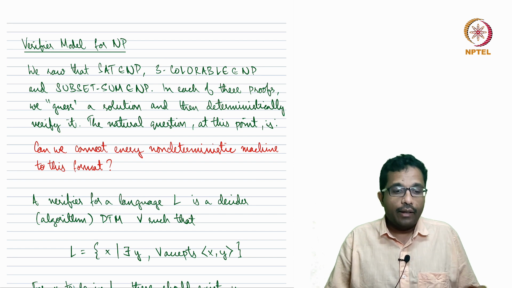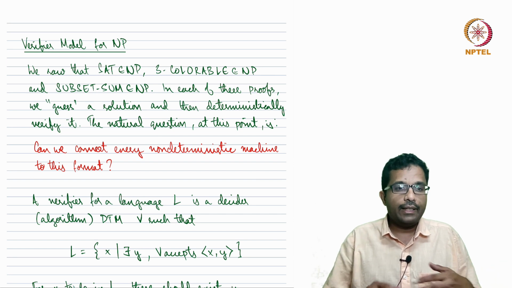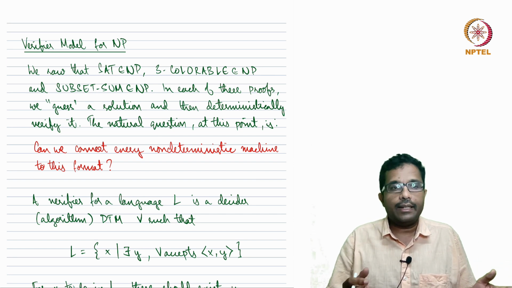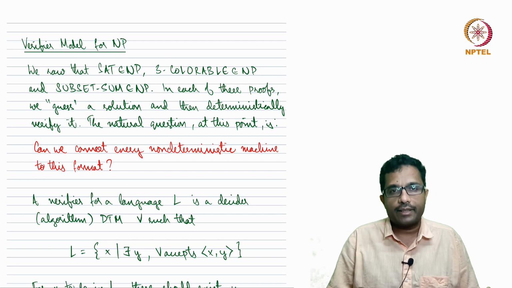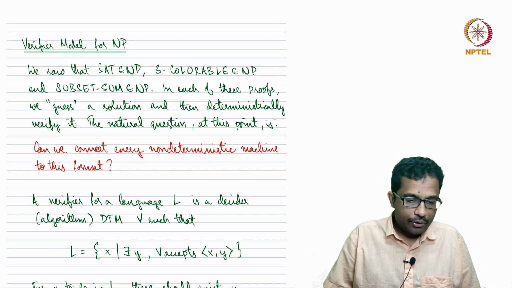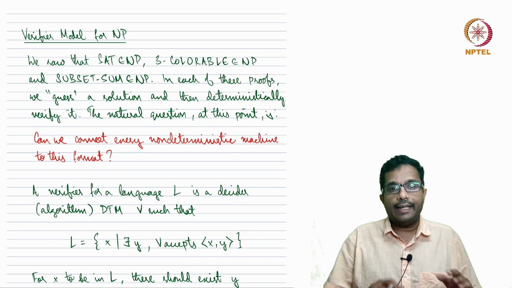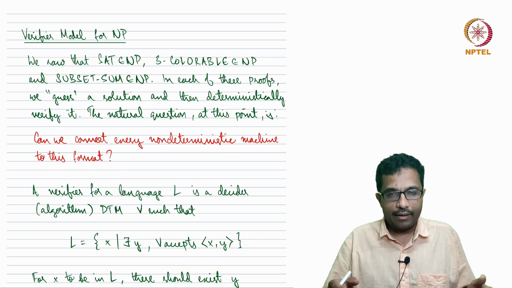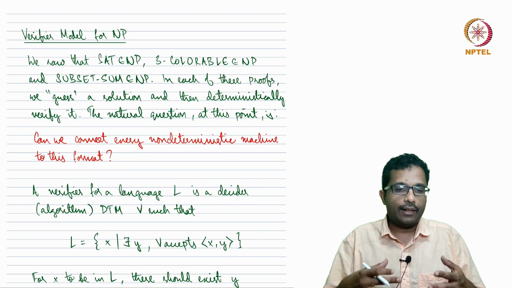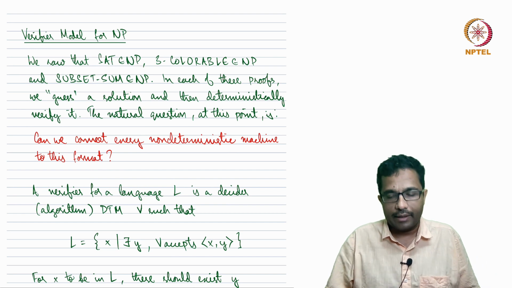In case of subset sum, we guessed a subset of the given set and checked the sum of the given subset. And in 3-colorability, we non-deterministically came up with a 3-coloring and checked whether this is a proper 3-coloring.